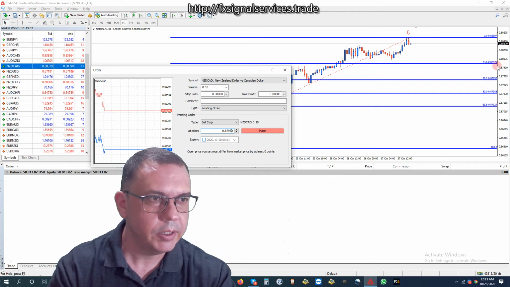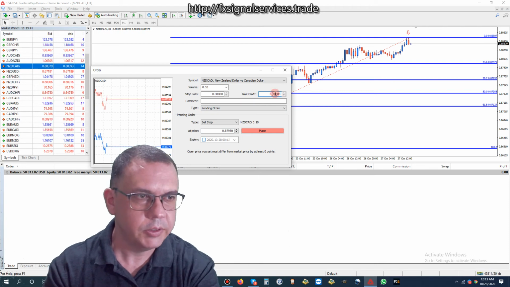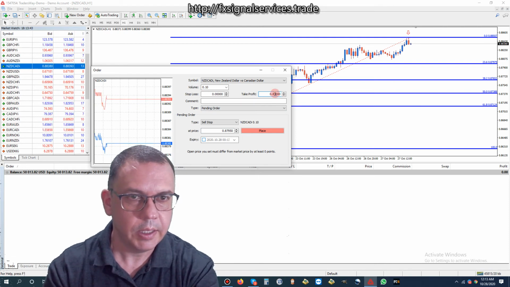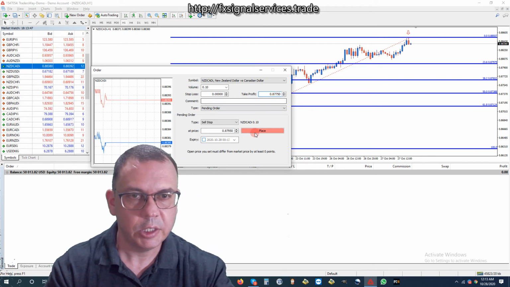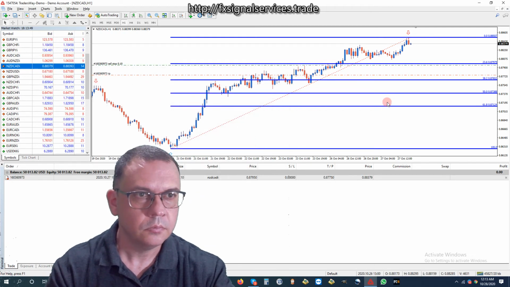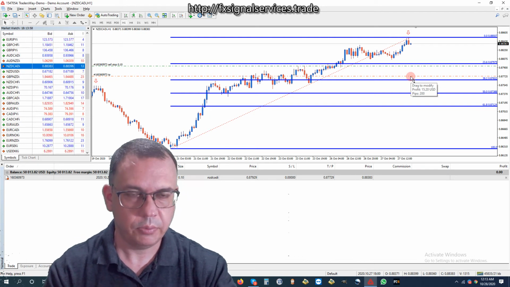That's going to put it right in here just below. And take profit, I'm going to put at 0.87750. That's going to give me 200 pips of profit. And you see right here, I can even take this and drag it down just slightly, but either way we've got 200 pips of profit.